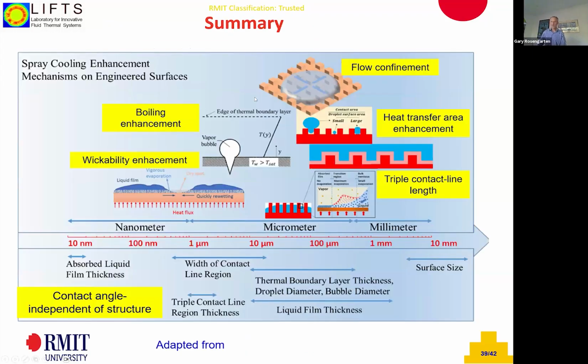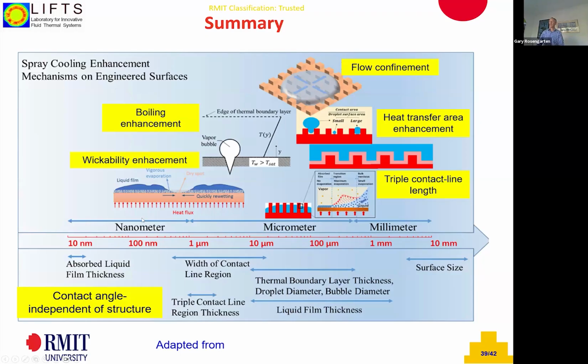So just to summarise then, this is good because I've got to get going in a sec. These different sizes, and I hadn't finished. I've adapted this from a recent review paper. This is not mine, but I've adapted it a little bit. It's a really nice paper, and I forgot to put that in.